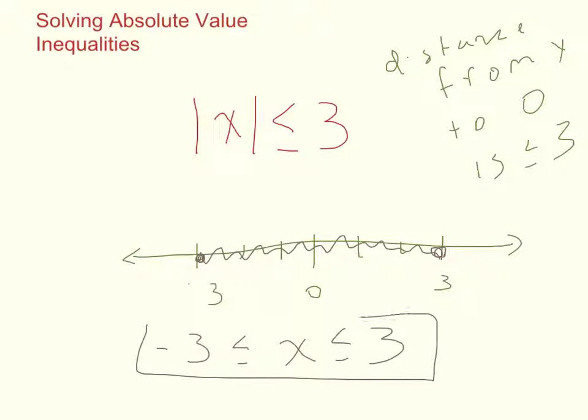So if we compare this to our original absolute value statement, in getting rid of the absolute value bars, I need to add a second inequality symbol, just like I added a second equation earlier. And I need to add a negative value, just like I added the negative value earlier.